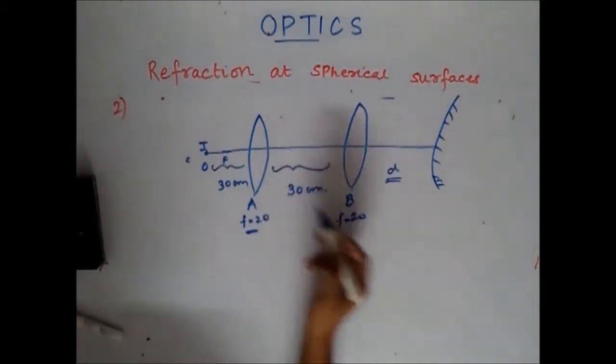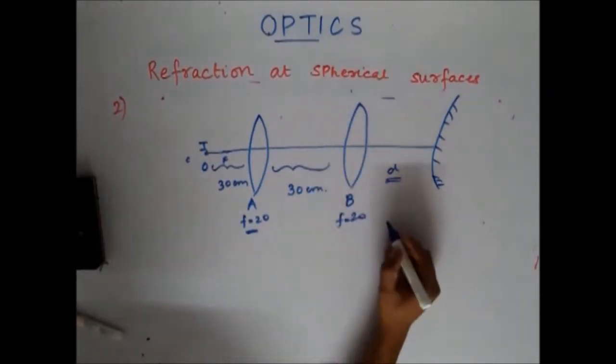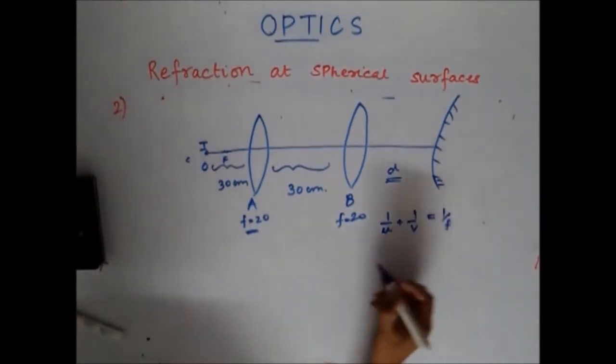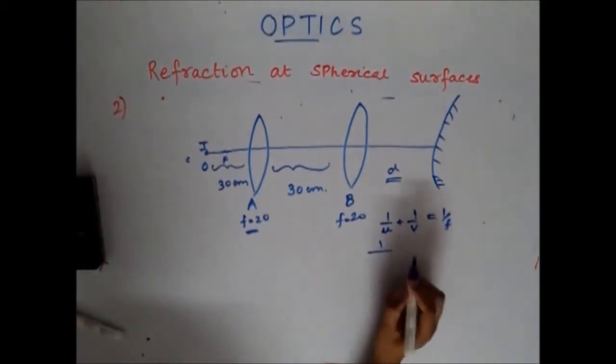Let's see where the image is formed by the first lens. 1 by u plus 1 by v is equal to 1 by f. What is u? u is 30 and it's positive.